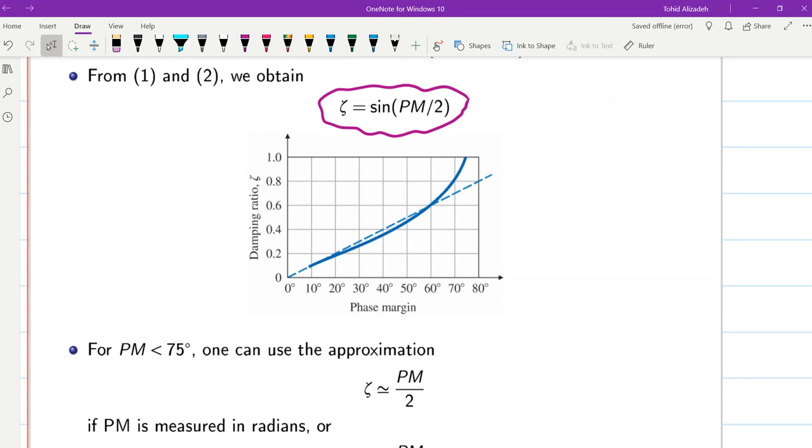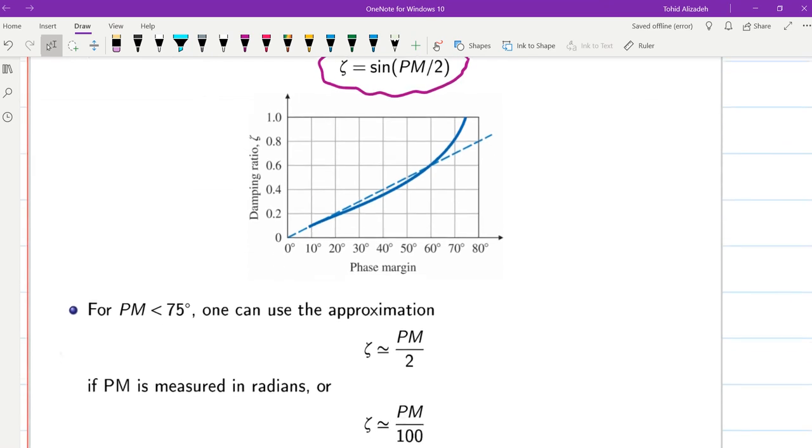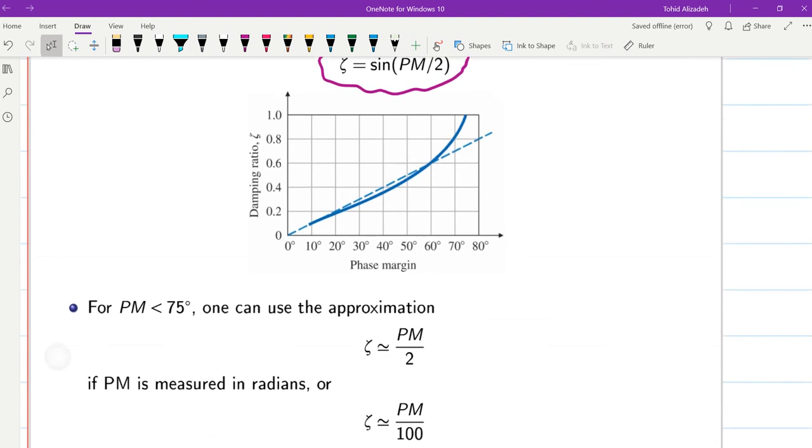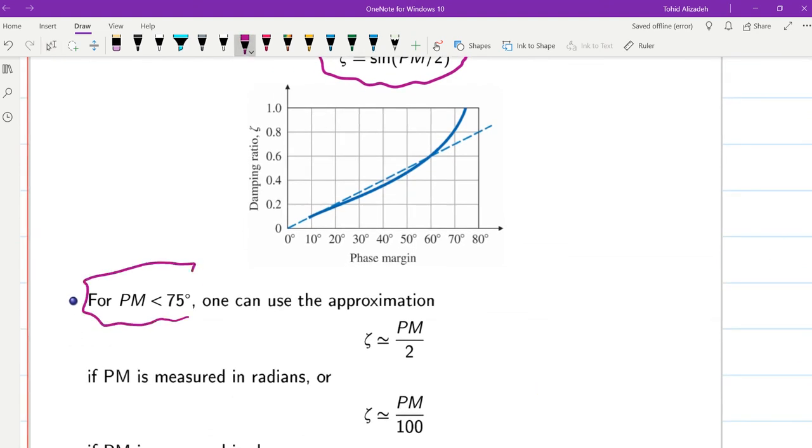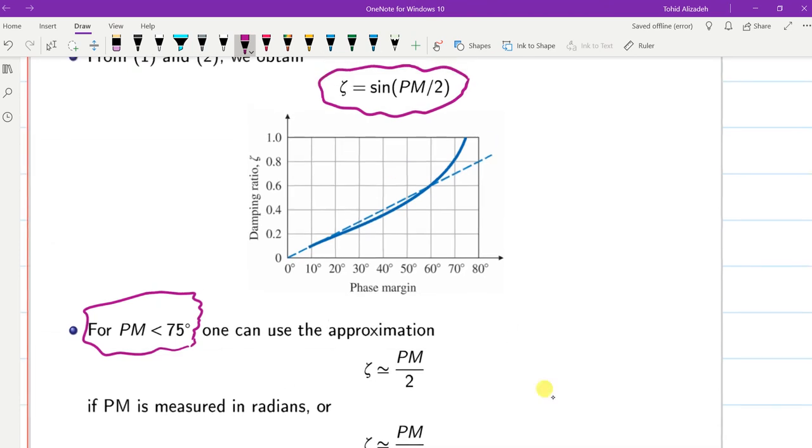It means that if you have the value for zeta, you can directly have an estimate for the value of the phase margin. If phase margin is smaller than 75 degrees, we can replace sine of x with x itself, okay, to have an approximate value.